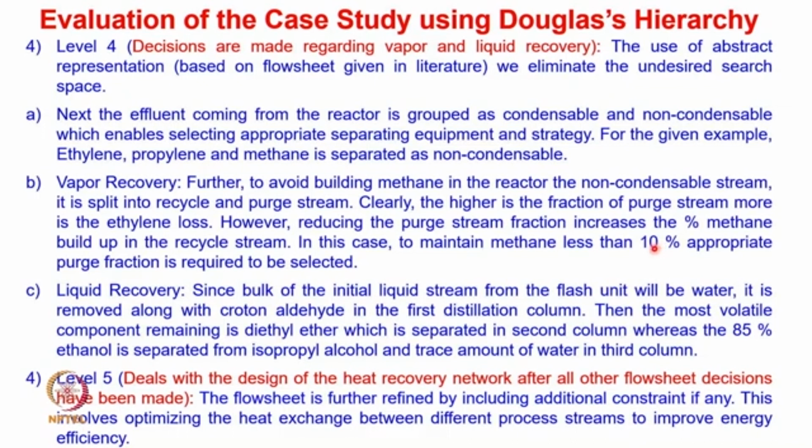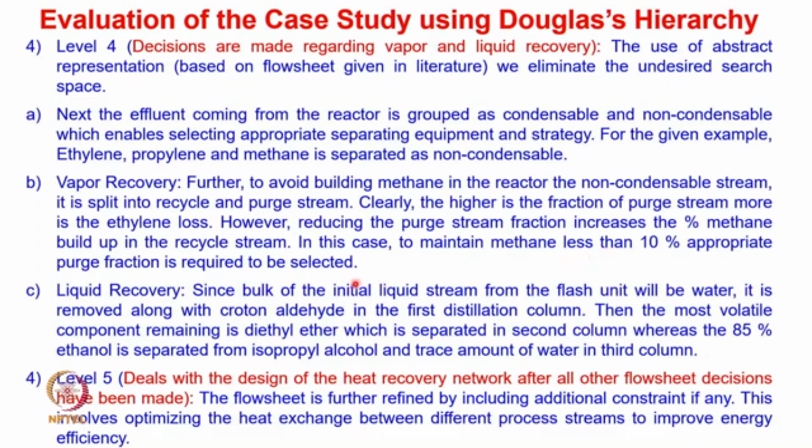So clearly we have to select the purge fraction in such a way that the amount of methane build-up in the reactor should be less than 10%. So based on that, this purge fraction has to be selected. Again, similar to this for the propylene also, some amount of propylene will be purged and the remaining will be recycled back.